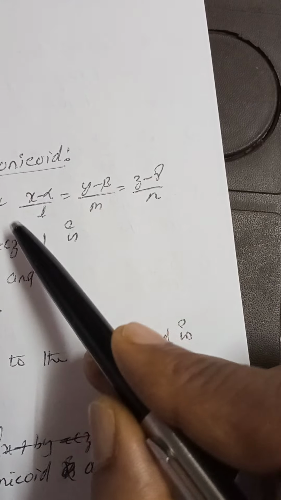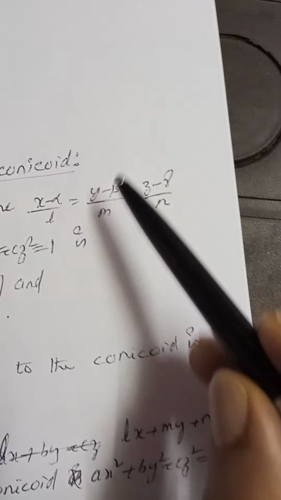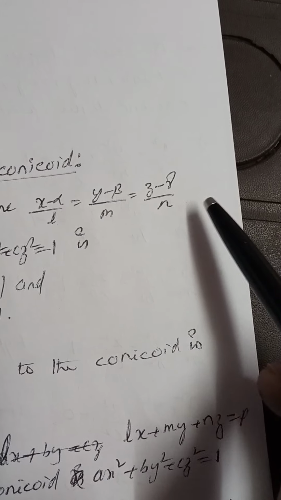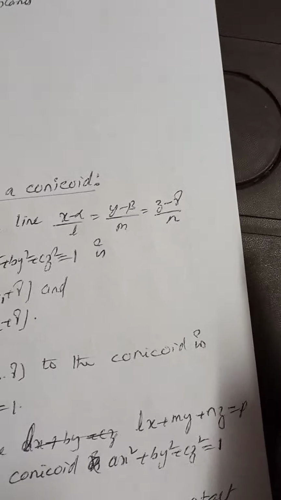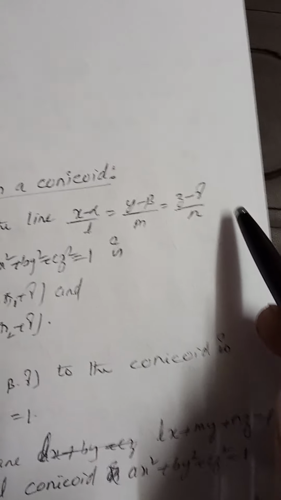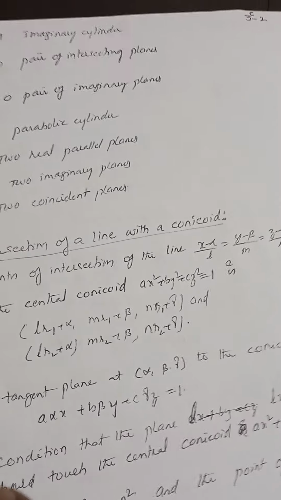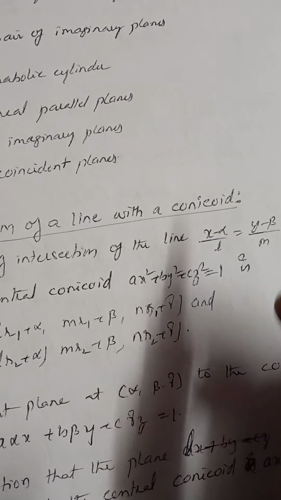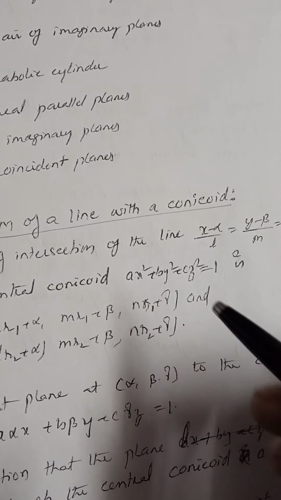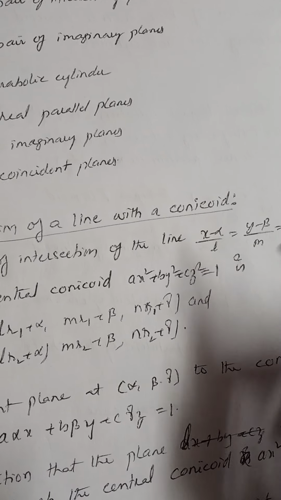That means if a line equation is given, we equate it to a new variable, say t or small r. Therefore any point on the line is (lr + α, mr + β, nr + γ). This is a general point, any random point on the line.